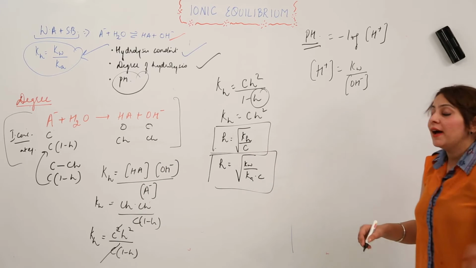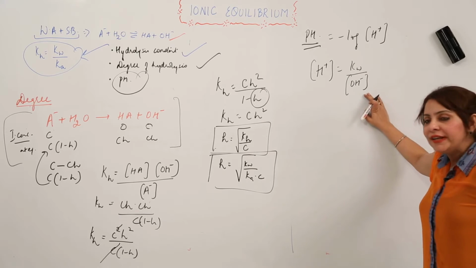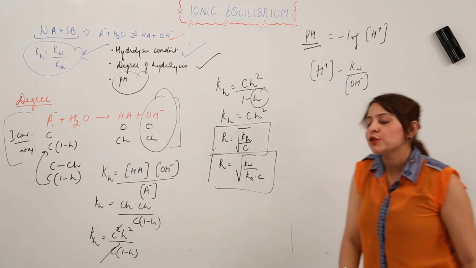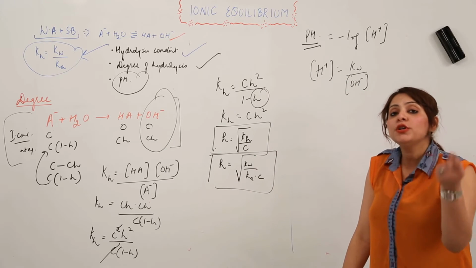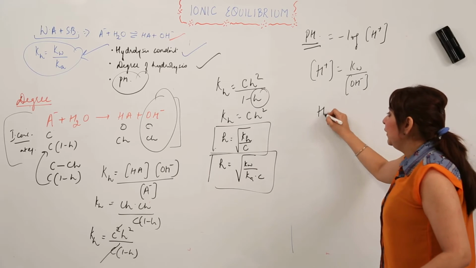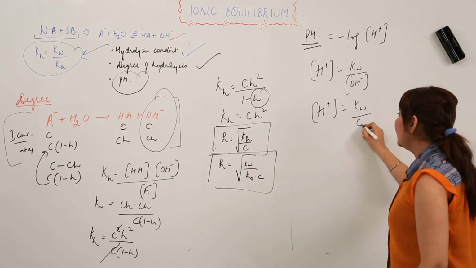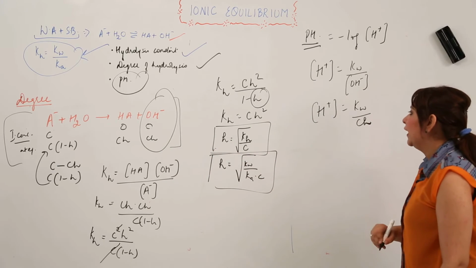Because I need the concentration of H⁺, [H⁺] is equal to Kw upon [OH⁻]. What is the concentration of OH⁻? It is Ch, because we will not be putting in the H⁺ concentration, since we want to calculate it. So [H⁺] is equal to Kw upon Ch.